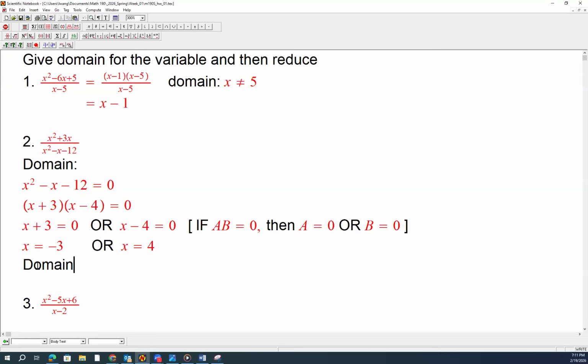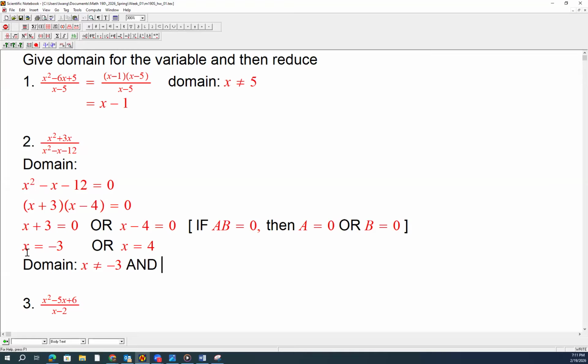So as a result, the domain would be all real numbers, but x cannot be these values. Equal turns into not equal, and or turns into and.